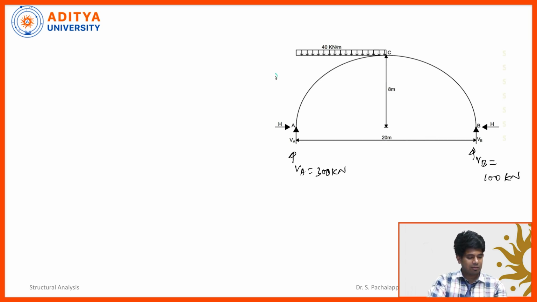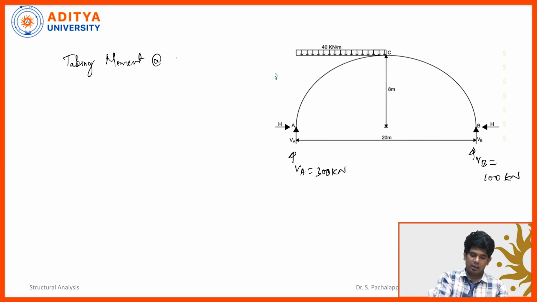Now, we are going to calculate the horizontal thrust by taking moment at C equal to 0.